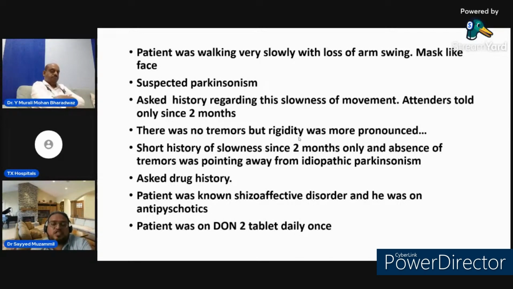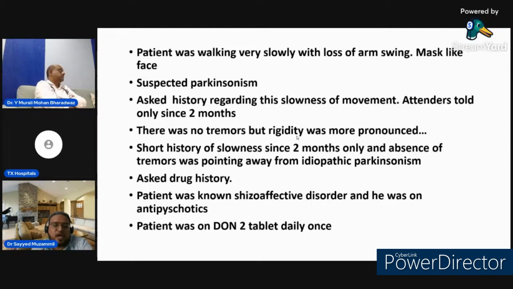The short history of slowness of 2 months and the absence of tremor were pointing away from idiopathic Parkinsonism. In idiopathic Parkinsonism, there will be unilateral tremors, but he had no tremor, and he had rigidity more than tremors.